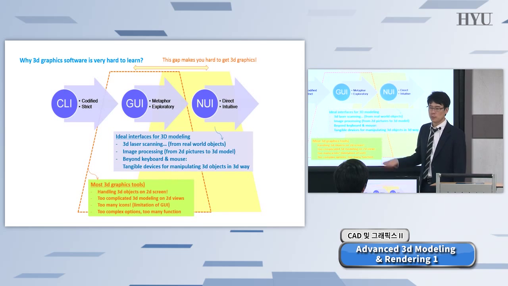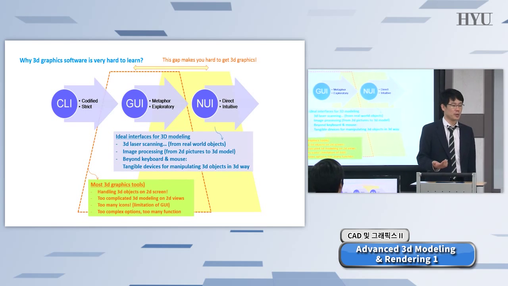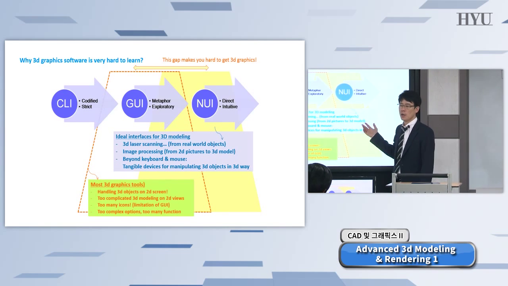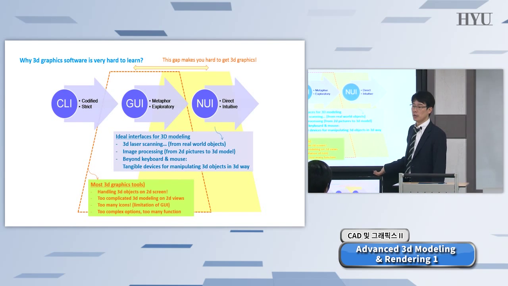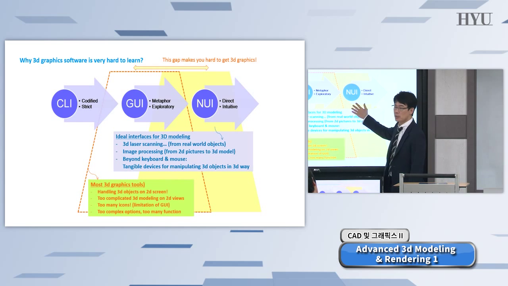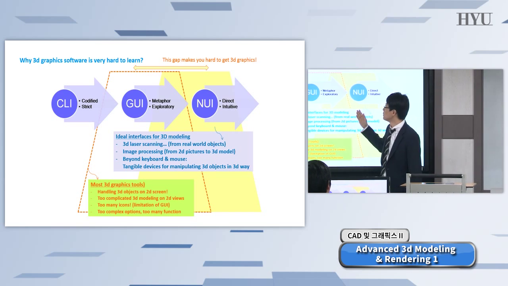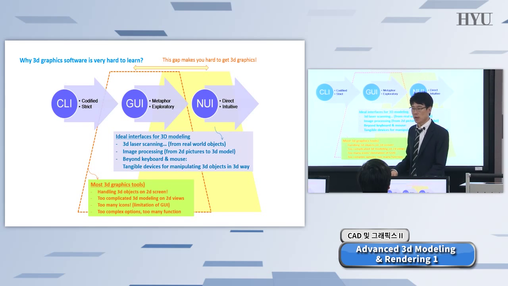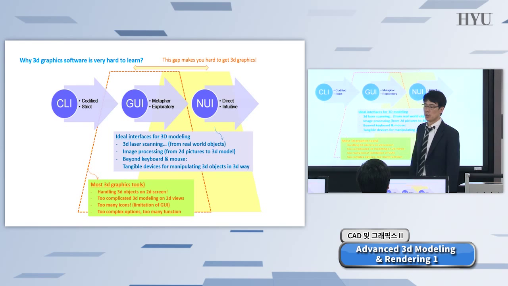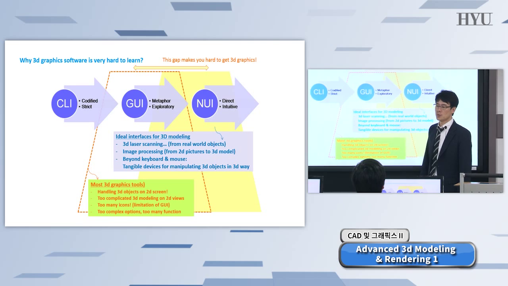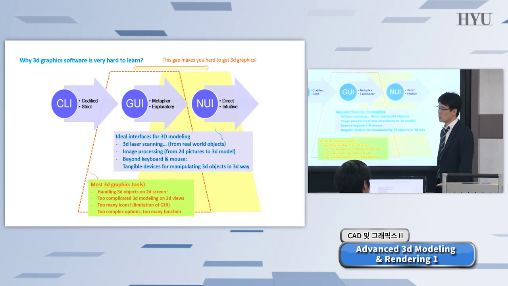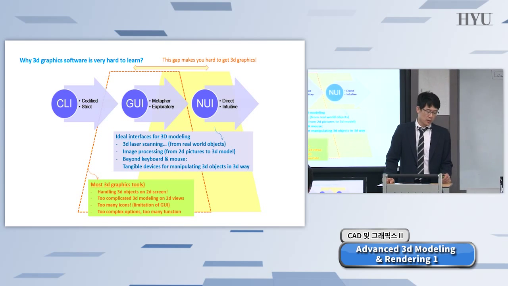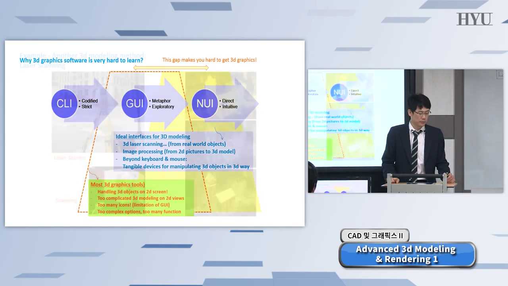And we usually think 3D modeling and visualization applications are really hard to learn. And now we know the reason why, okay? Ideal 3D making method is something intuitive, a natural user interface. But in the real world, we still need to type the dimensions, command lines, mostly based upon GUI, really messy GUI. So the gap between those two makes us hard to get 3D graphics.